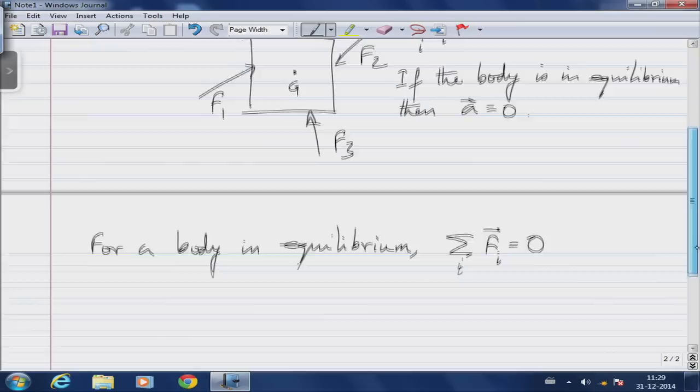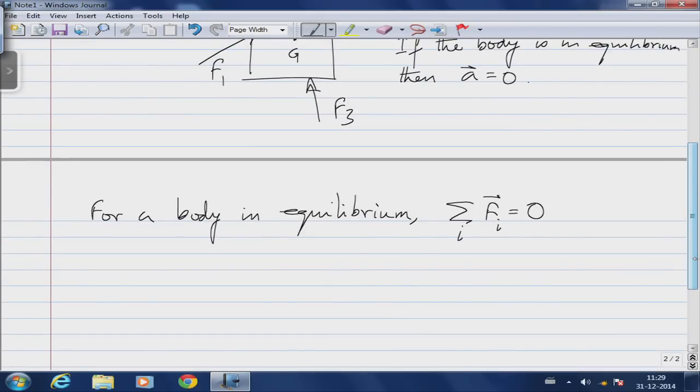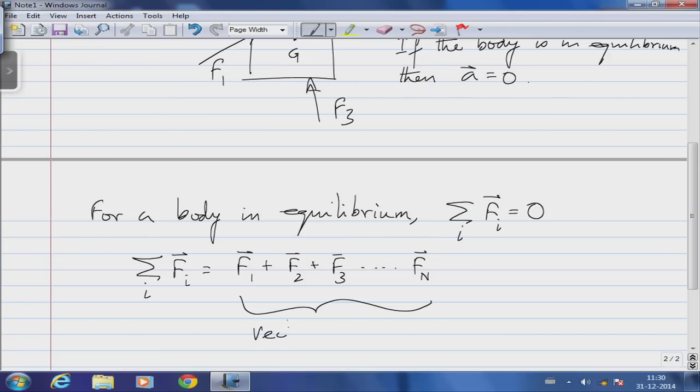So, let us just make sure we are all on the same page with our notation. Summation over i of F_i is basically F1 plus F2 plus F3 all the way up to Fn if there are n forces, and this summation is a vector summation.